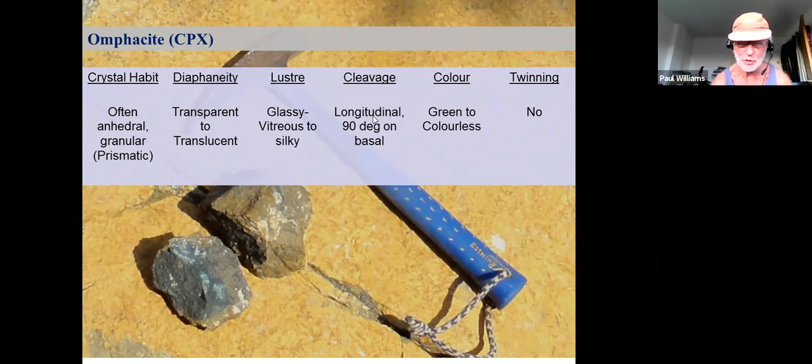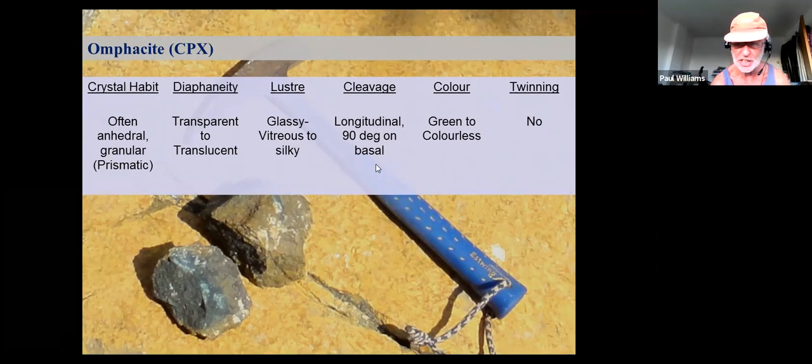Longitudinal cleavage if you've got stumpy crystals, or 90-degree intersecting cleavages if you've got a basal section. And it's that green color which is the giveaway for most of the omphacite. No twins, but you'd look at the associations with the omphacite. If you think you've got omphacite and you've got garnet there, then you probably are talking about omphacite.